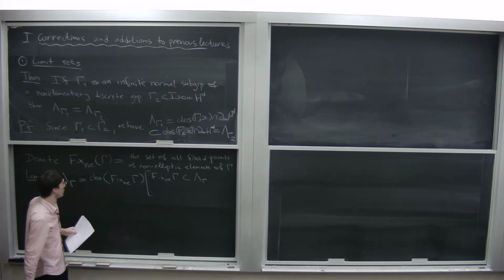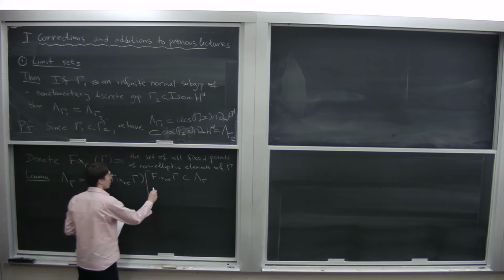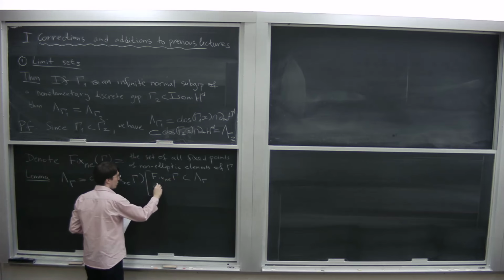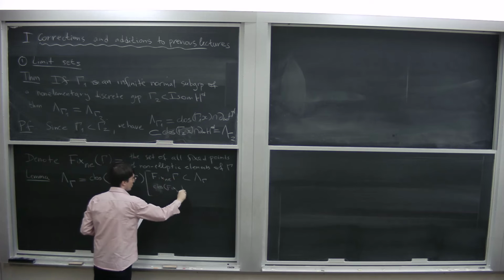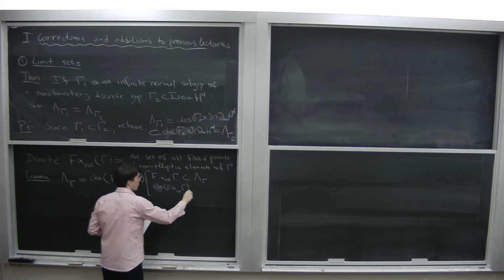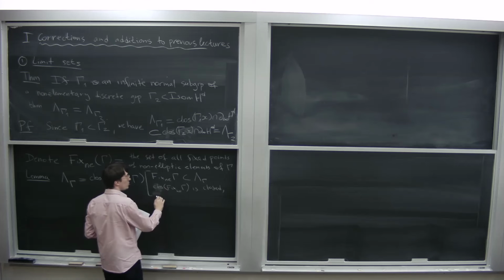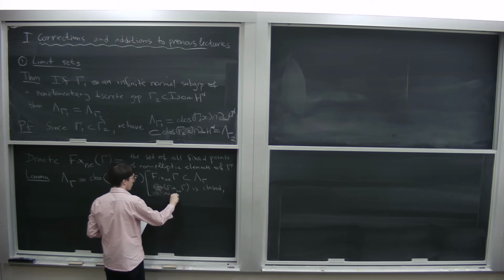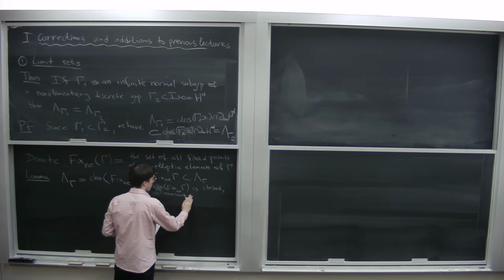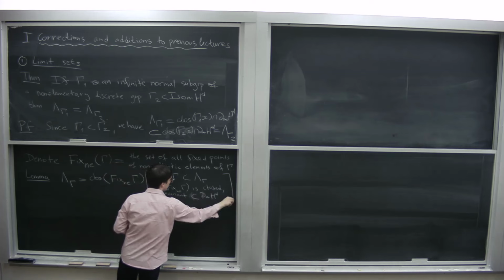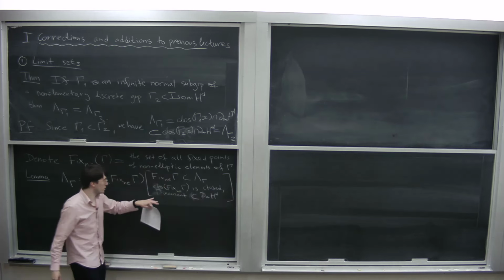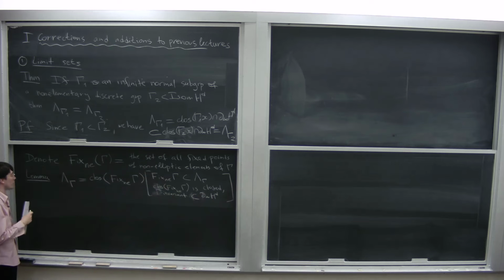And for the reverse, you should also say that the closure of fix NE of gamma is a closed and gamma invariant subset in the boundary. To show that, you will need some work, but it's not that hard.